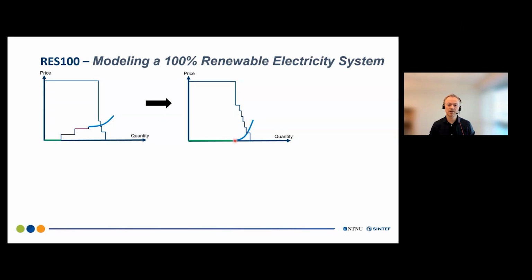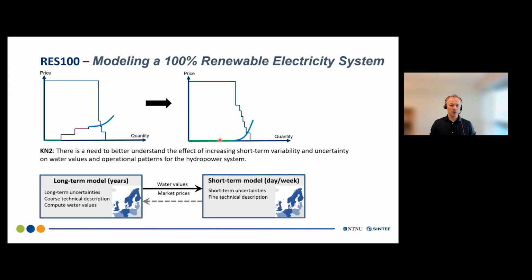So this green line here being extended shows that. And from a long-term scheduling or power market analysis point of view, we then need to understand better what these changes in short-term variability and uncertainties, how this impacts the price formation and the water values in long-term models.